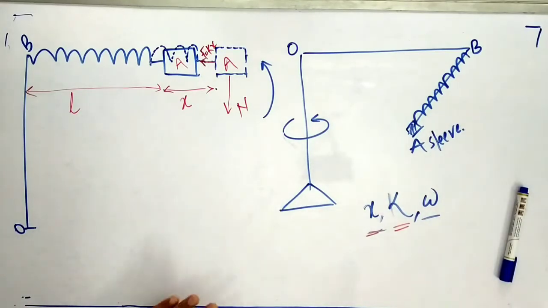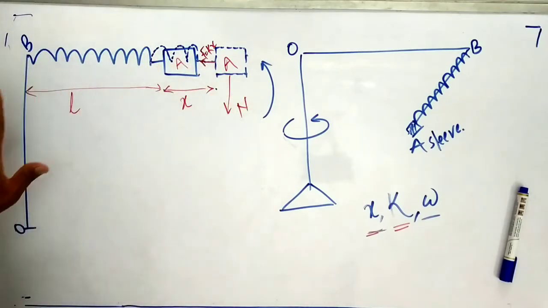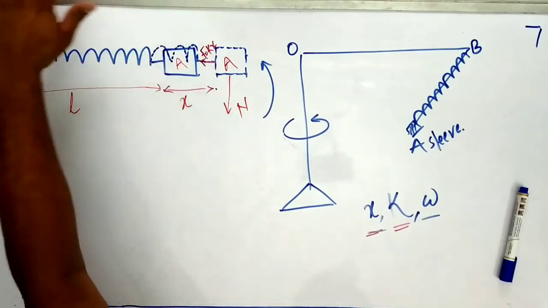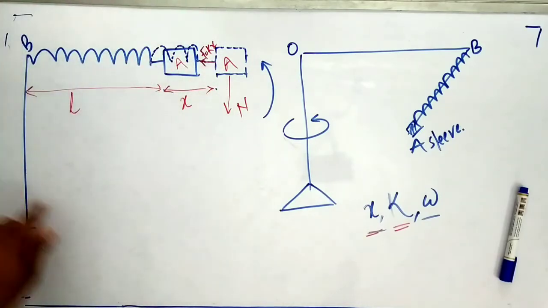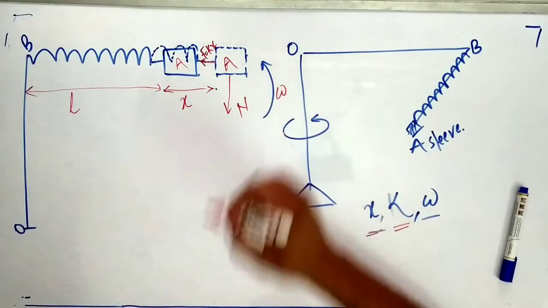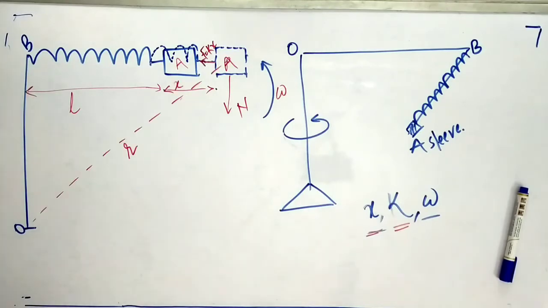Now the rotation of the sleeve A along with the whole device is taking place this way with an angular velocity omega.